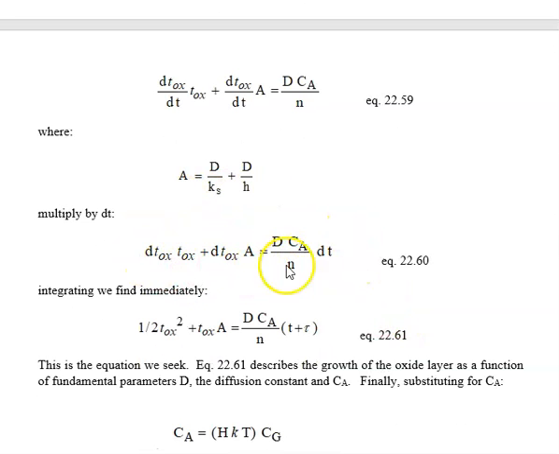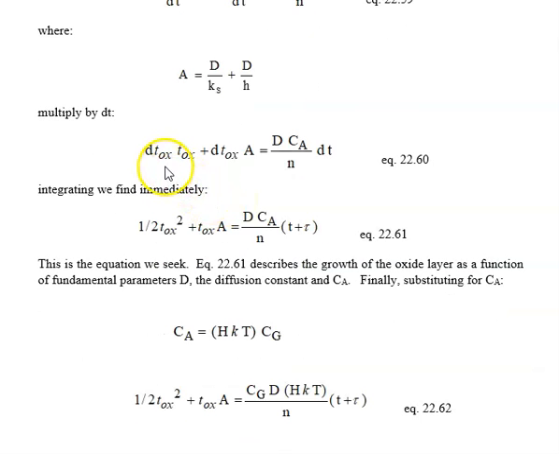And this is the equation that we integrate. Again, this constant A involves only structural constants. There are no variables here. And when I integrate this, of course, I get a parabolic term plus a linear term, equal to just a function of t, and tau is the lower limit of integration. Tau would represent any initial oxide which is on the silicon wafer.